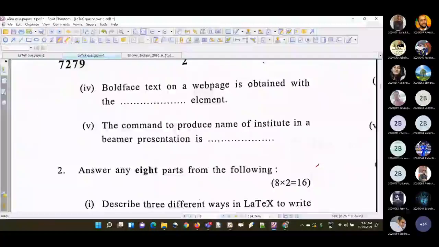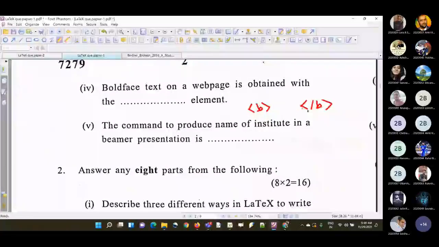So you can write it like this, and then close it like this. Of course, both work, whether you write strong or B.